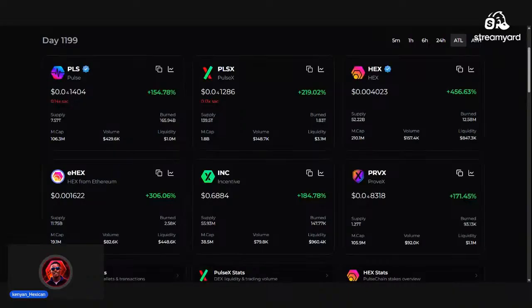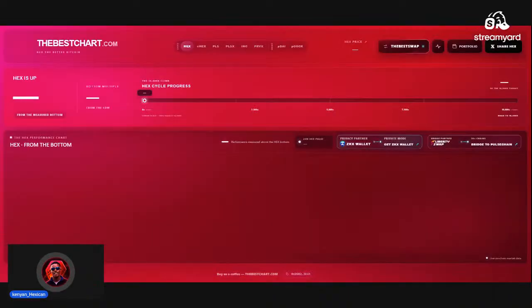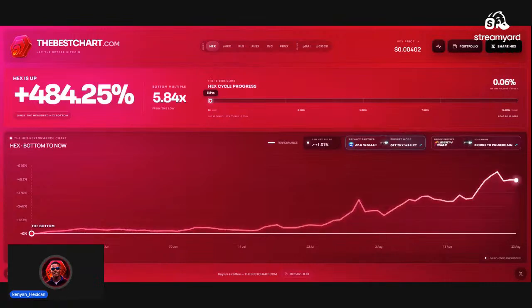You can go to your browser, search bestchart.com, and then you'll be able to pick these stats here. Hizi stats hapa ndio zina make all these difference.